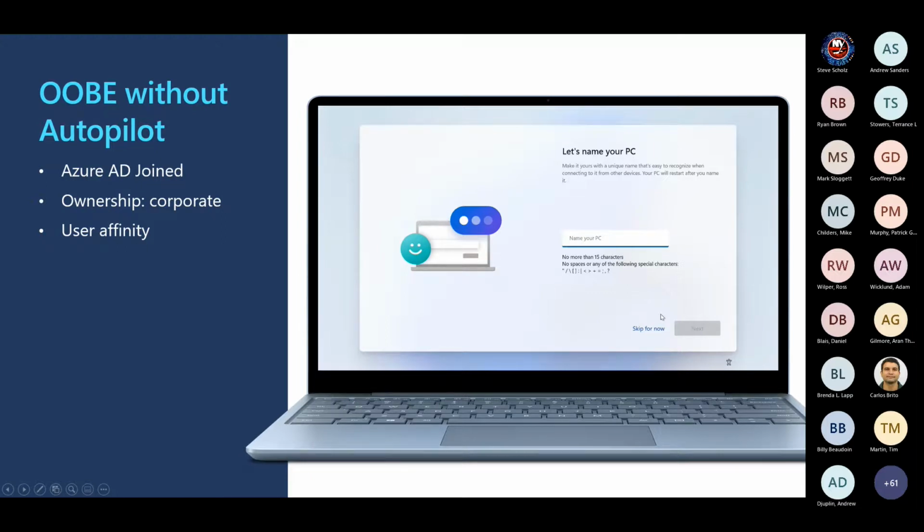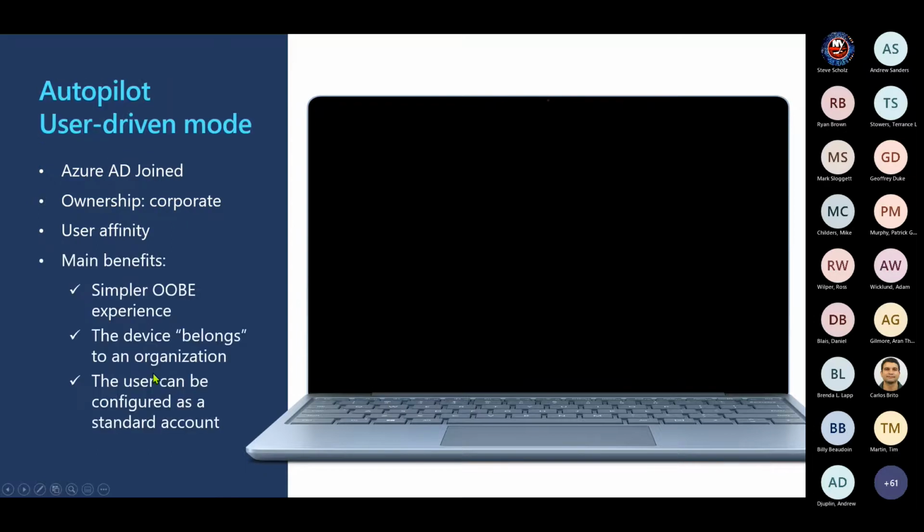But once again, because this is the standard OOBE flow without Autopilot, the user configuring this device will be automatically made a local admin on their device, which may not be a desired state for a lot of schools or enterprises.